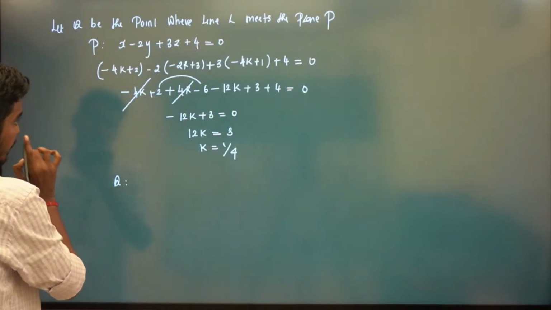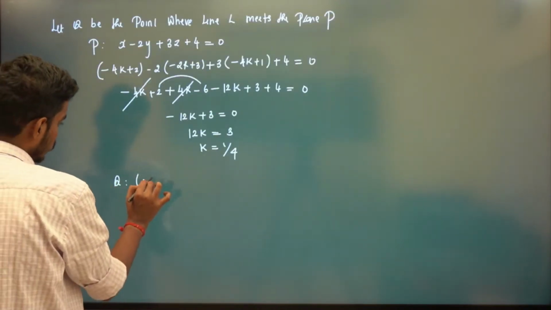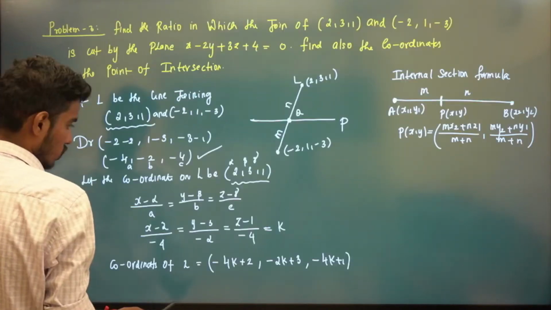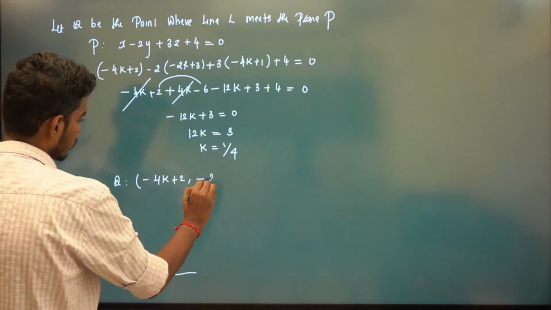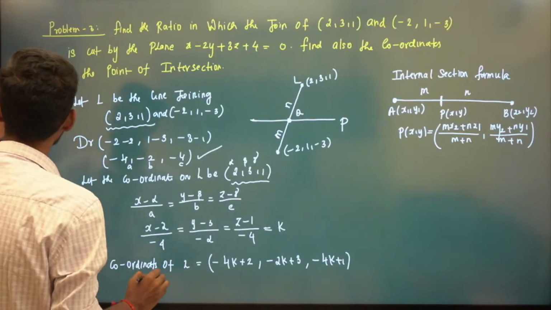Q is the point of intersection. So the point Q is given by minus 4k plus 2, minus 2k plus 3, minus 4k plus 1.